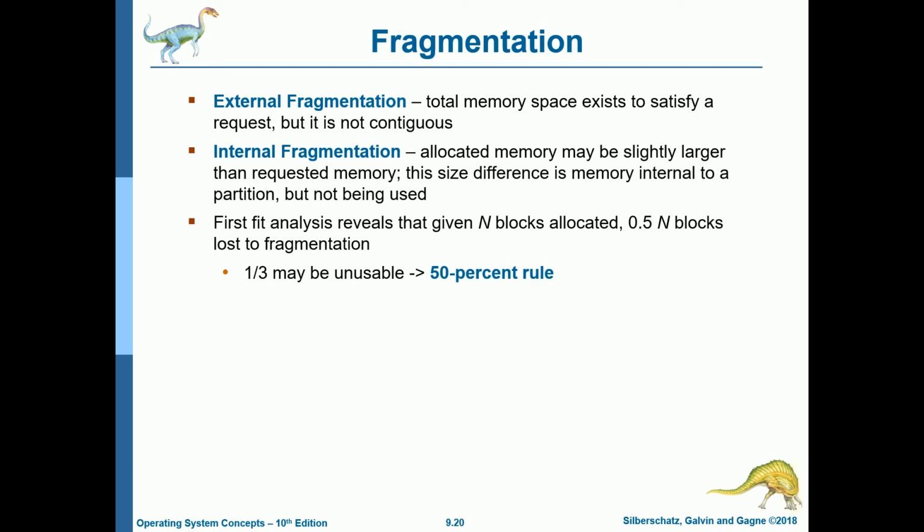The general approach to avoid this problem is to break the physical memory into fixed-size blocks and allocate the memory in units based on block size. With this approach, the memory allocated to the process may be slightly larger than what is requested. The difference between these two numbers is the internal fragmentation, or the unused memory that is internal to that partition.